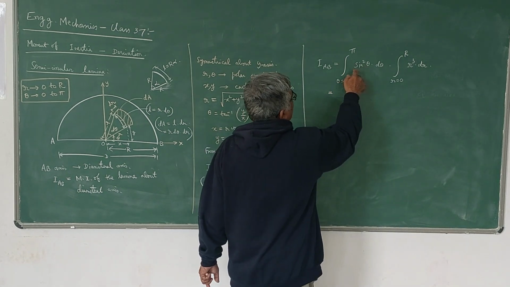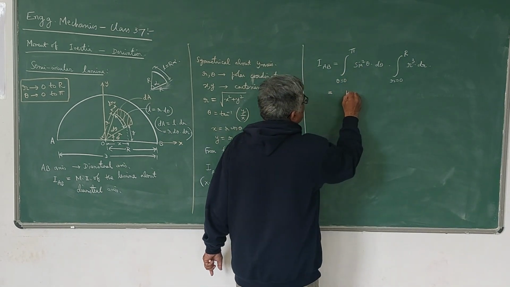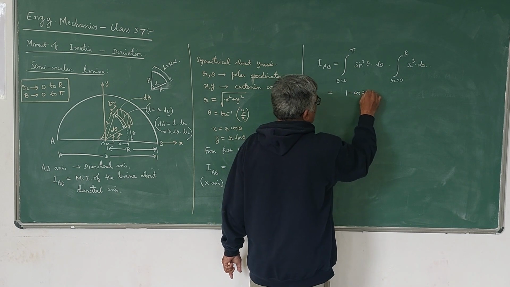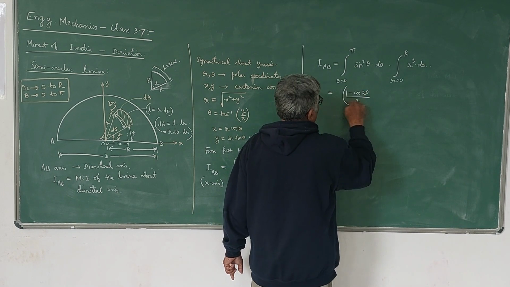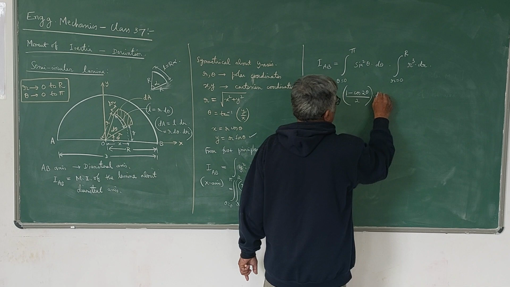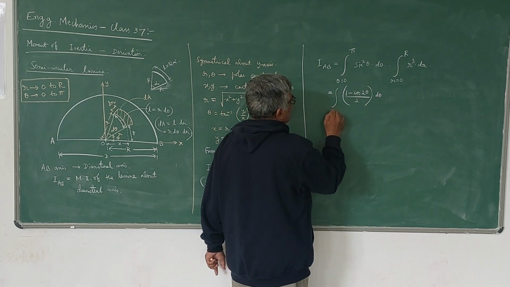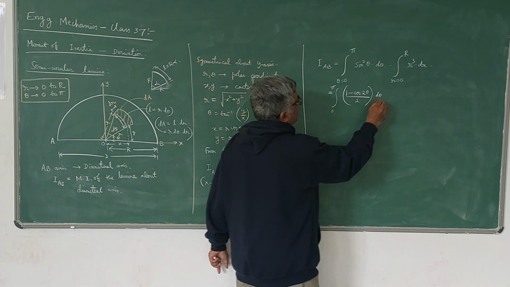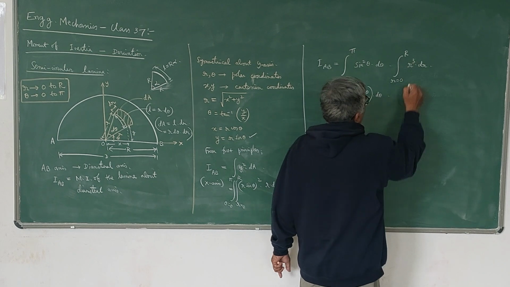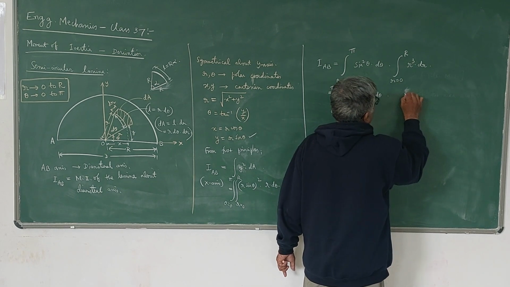Now you have to integrate sin square theta, which is nothing but (1 minus cos 2 theta) by 2. You have learned this in your earlier classes. Theta varies from 0 to pi, into the integration of r cube, which is r power 4 by 4.